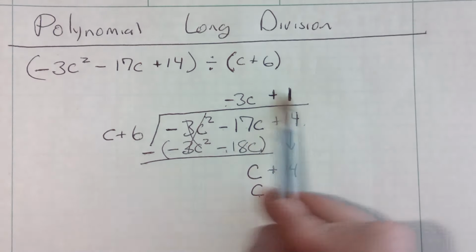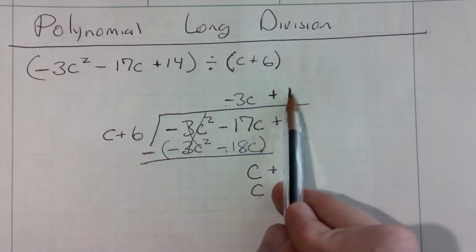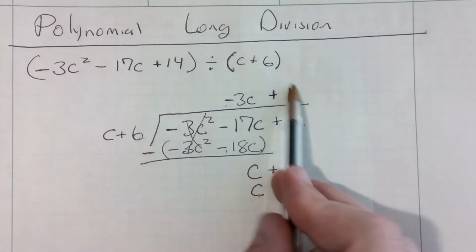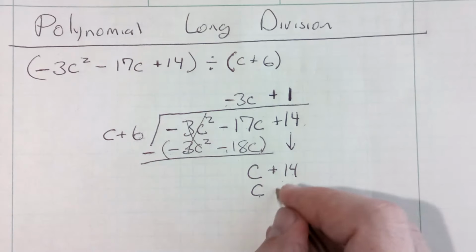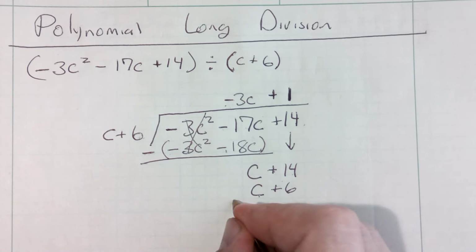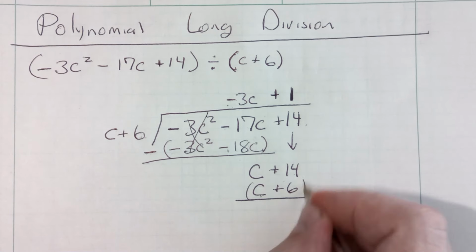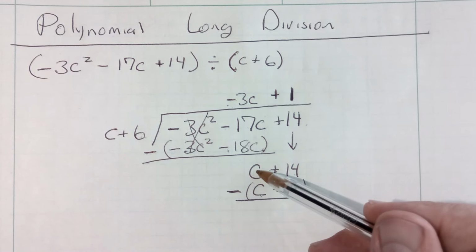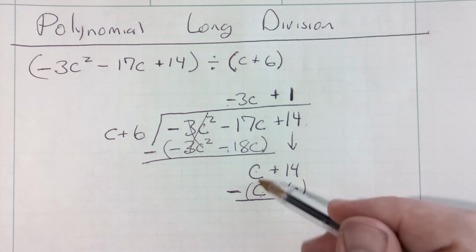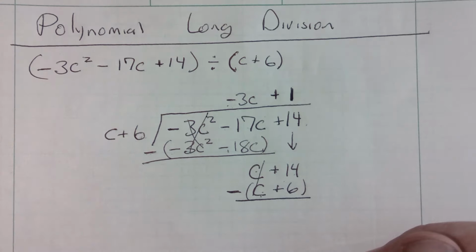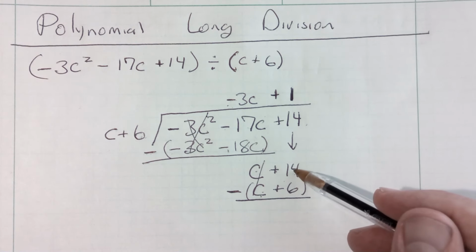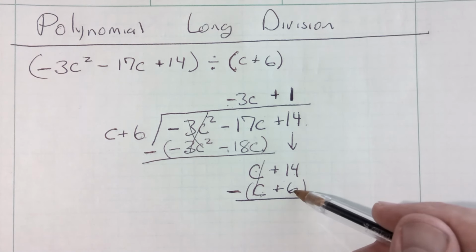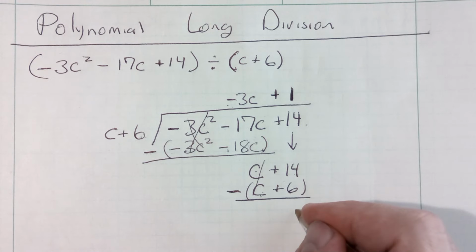Then I have to remember to multiply that second term. 1 times 6, because I'm distributing in, gives me a positive 6. Now I draw a line, I do my parentheses, and I subtract. The c minus the c cancels, which is what should happen if you've done it correctly. But now when I get to the 14 minus the 6, I'm left with an 8.